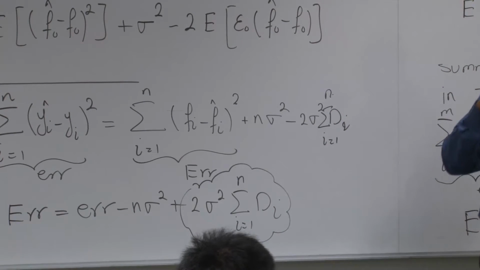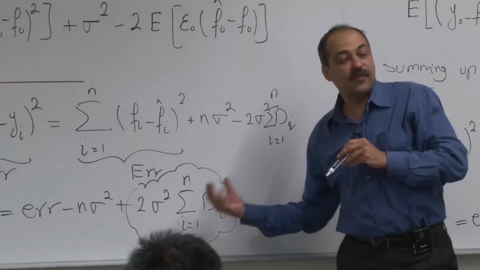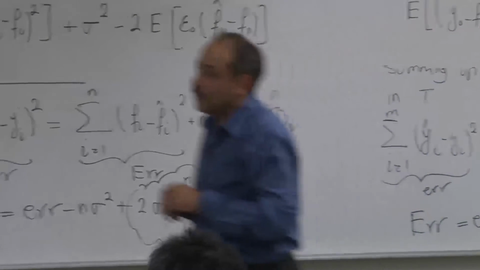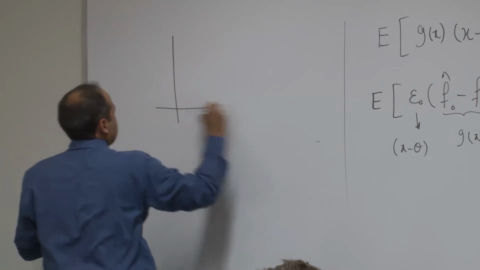If the model is not flexible, it's small. If the model is very flexible, it's large. And that's why we observe this curve.